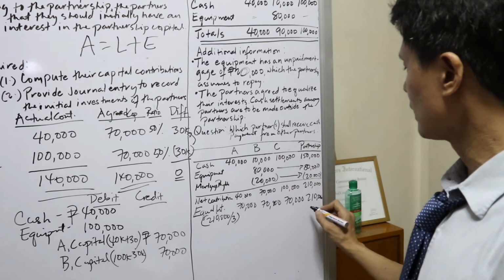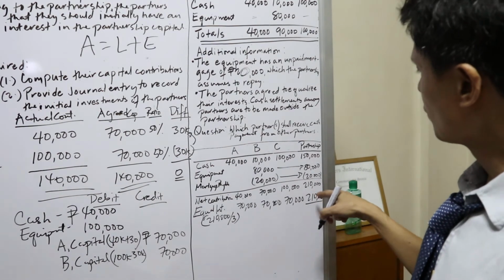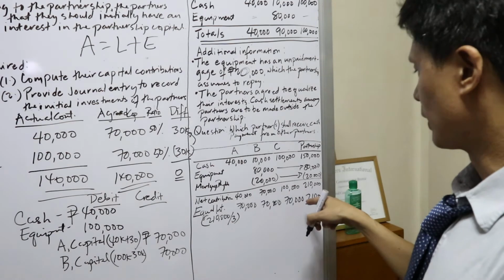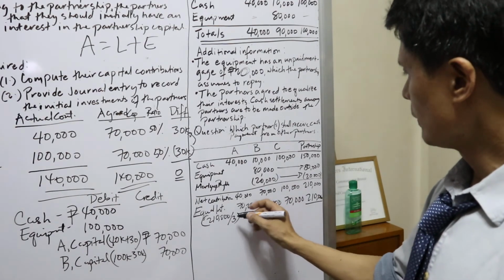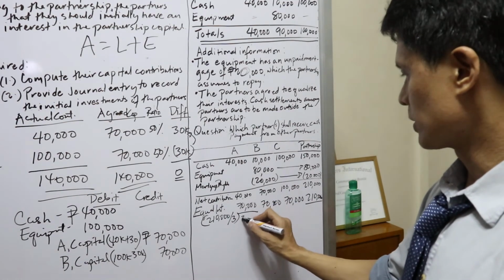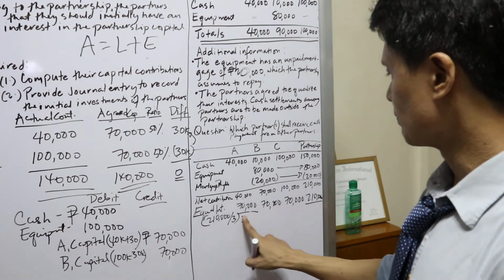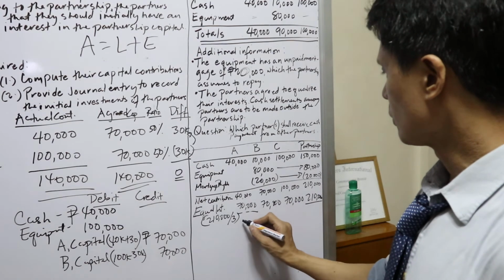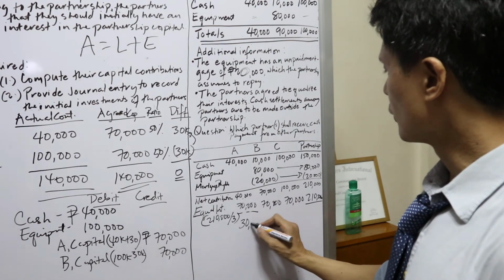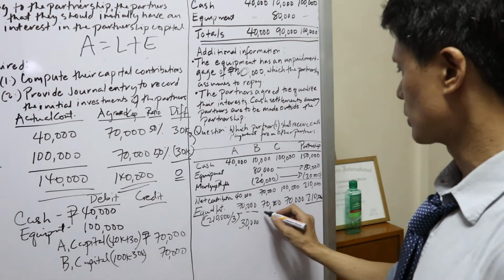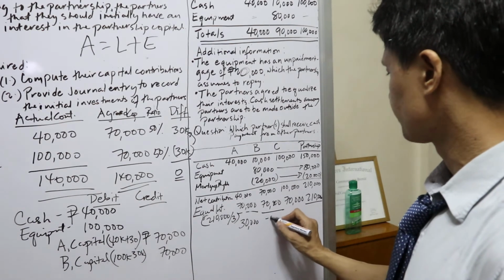So makikita natin dito, ganun pa rin yung total dun sa agreement, no? So this one would be of course negative 30,000. So 30,000 plus 30,000 since this is a bonus, no? So merong addition kay A na 30,000. Yung kay B naman wala.